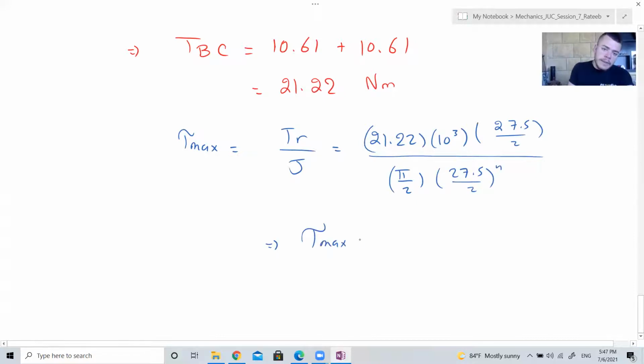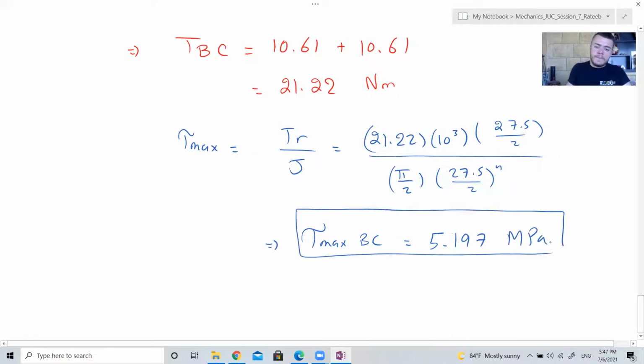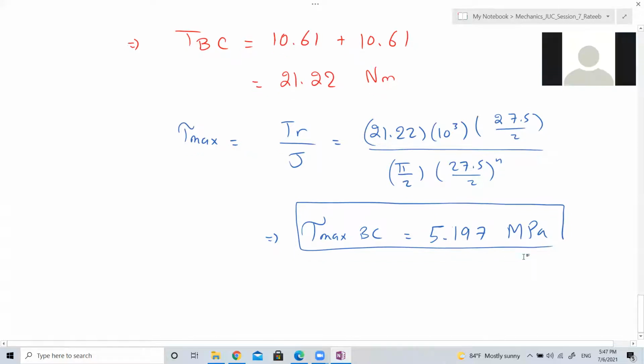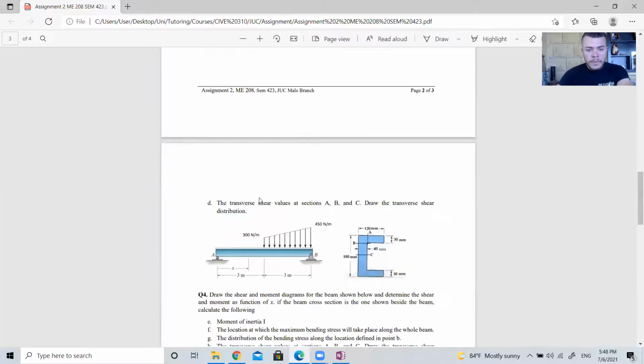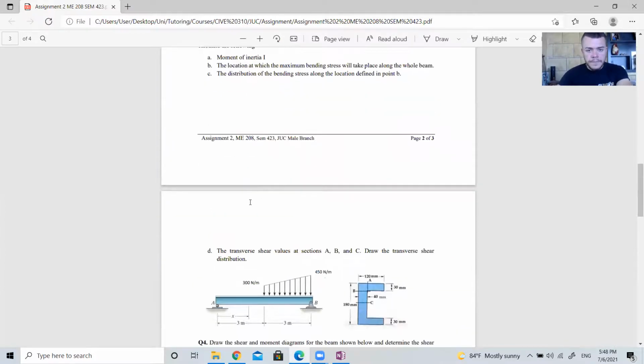Therefore, tau max in BC is 5.197 megapascals. Any questions? Clear. Okay. Let's move on to this exercise.